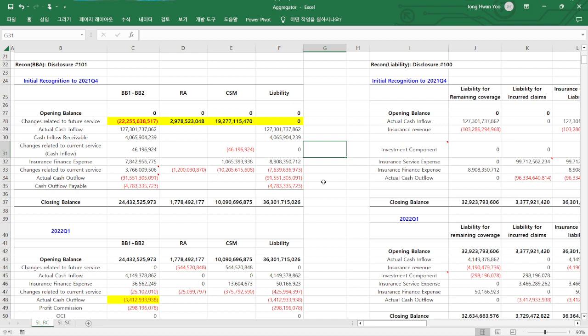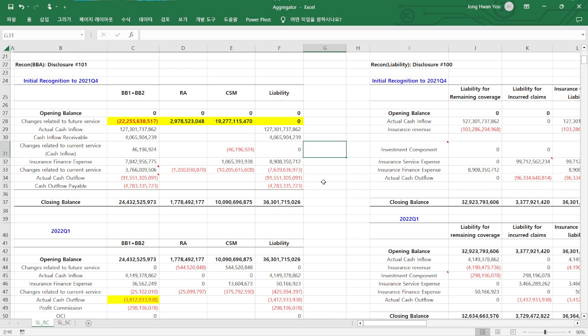You have to first classify all the different portfolios based on similar risk and managed together. And then each portfolio, you have to do the onerous test to come up with the group of contract.